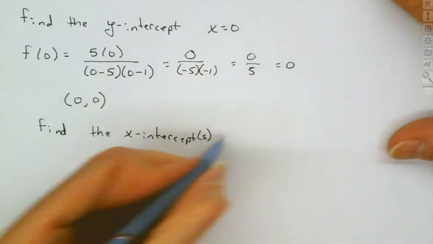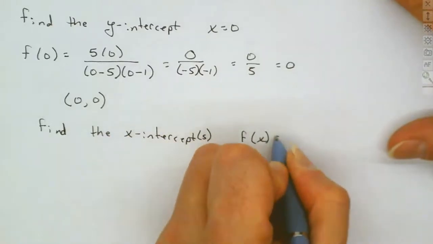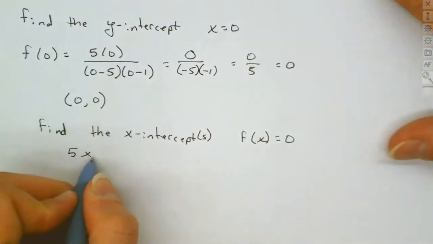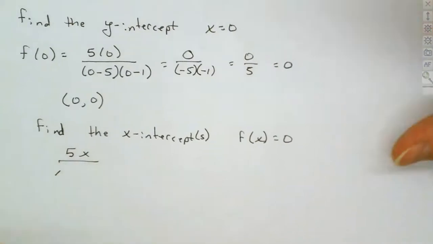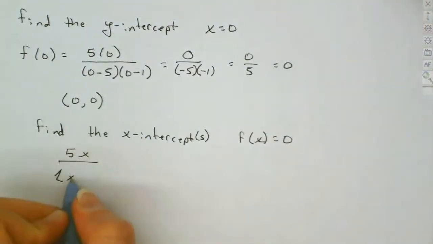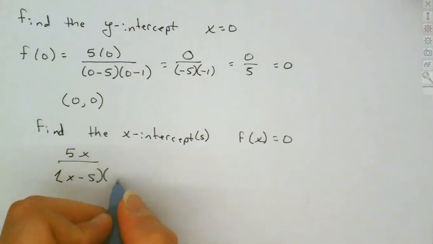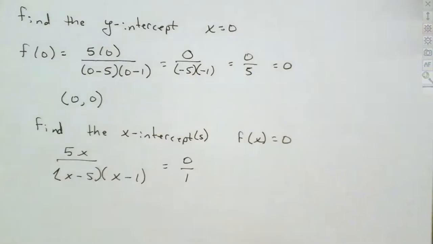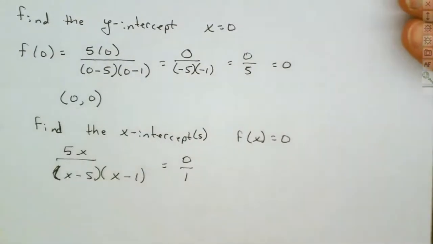And how do we do that? We set f of x itself equal to 0. So that's 5x over, now let me go back to the original here, 5x over minus 5, x minus 1, and that's going to equal 0 over 1. And we end up with the same thing because we can cross multiply.